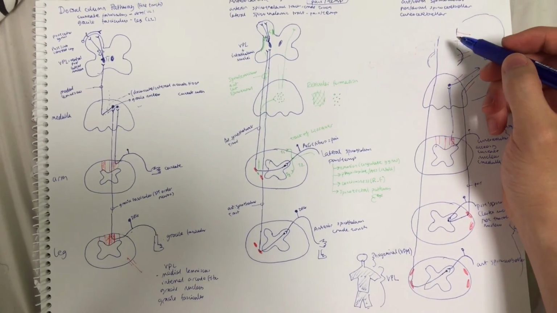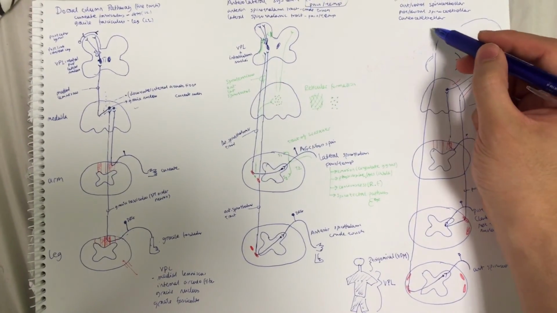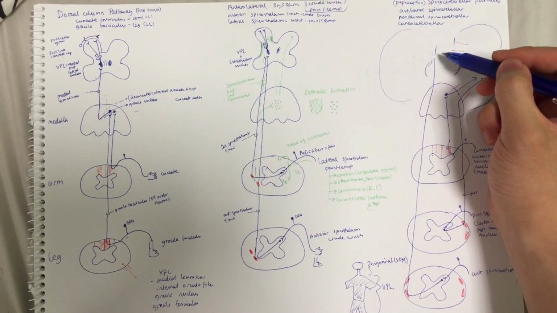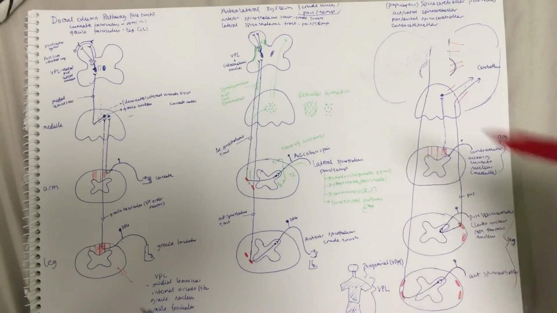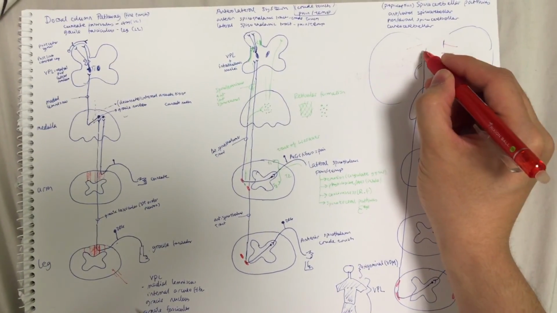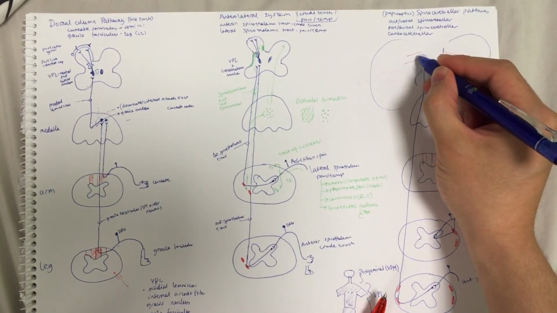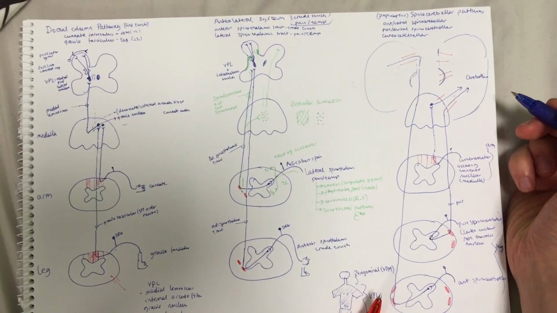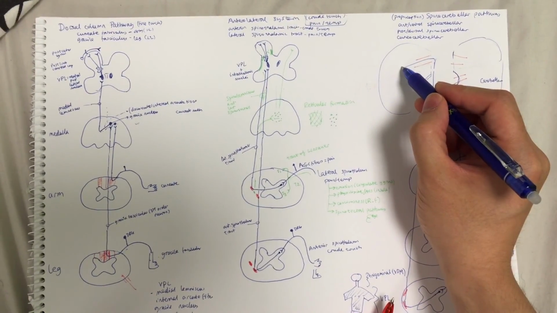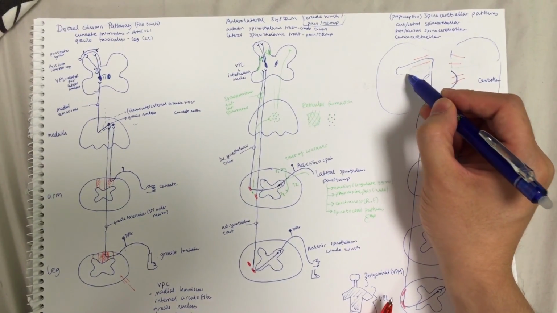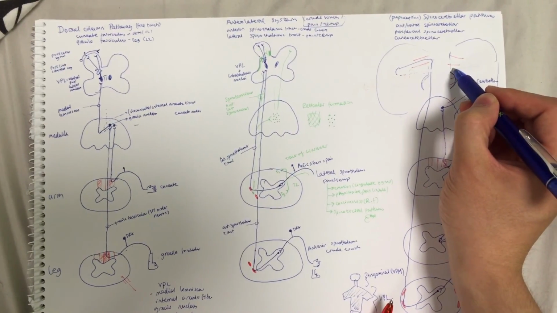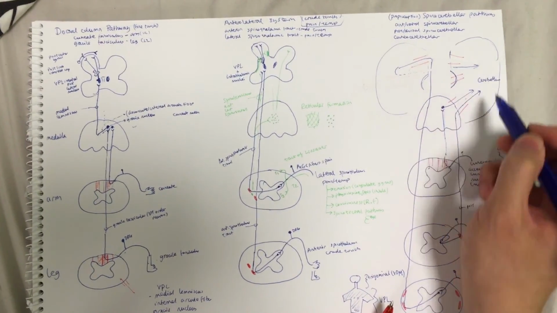What happens is it would then go into the cerebellum on the right side. So if I was to draw the peduncle there, it goes through the superior peduncle onto the right side, but it still ends up on the left side because within the cerebellum it will cross over to the left side.